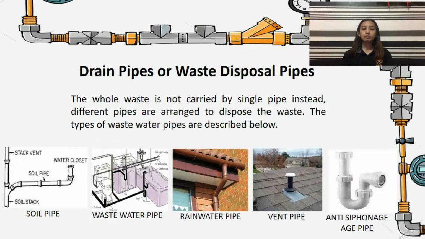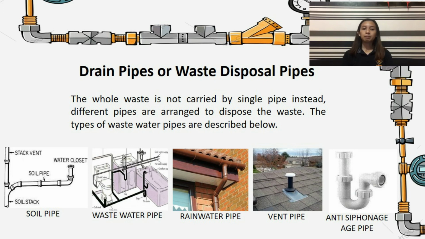Next is the drain pipes or the waste disposal pipe. So wastewater is not carried by a single pipe, but instead, different pipes are arranged to dispose the waste like the soil pipe, wastewater pipe, rainwater pipe, vent pipe, and the anti-siphonage pipe.